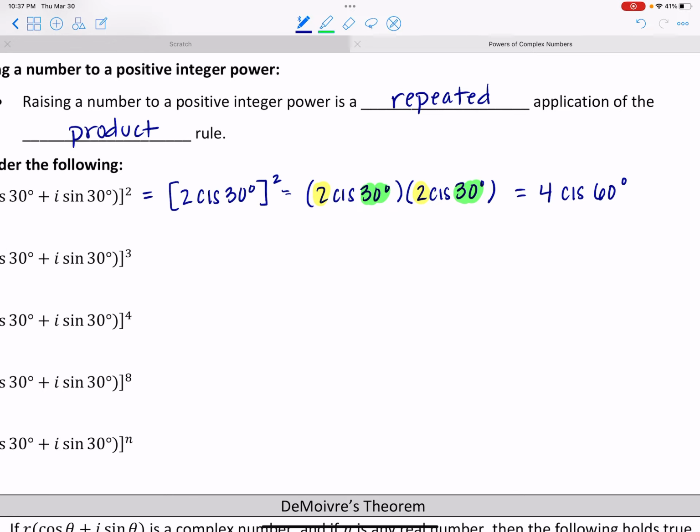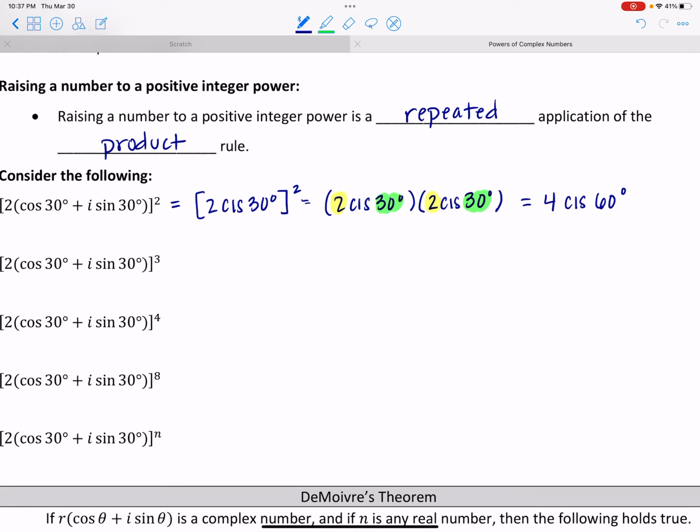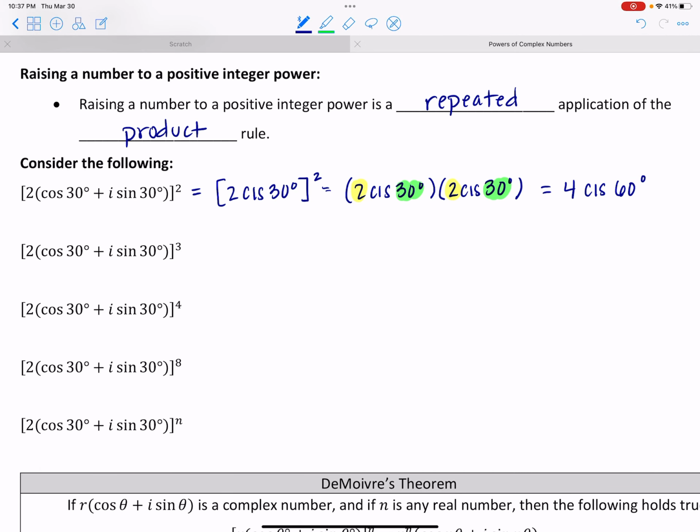Okay, so not so bad. What about if we take this same thing, 2 times the cosine of 30 plus i times the sine of 30, but raise it to the third power? Well, to the third power means we can just take the squared, right? And then if I had an x squared and I multiplied it by an x to the first, then I would have my x to the third.